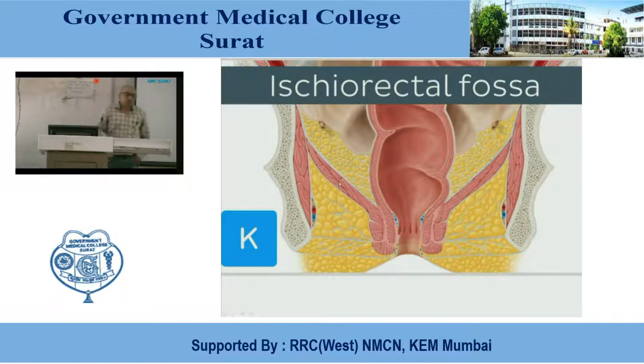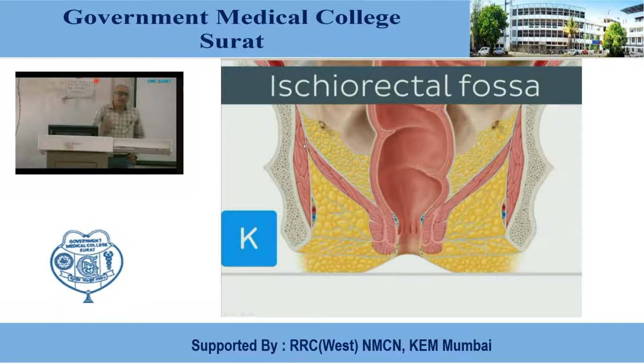So what is the ischiorectal fossa? The ischiorectal fossa is somewhat wedge shaped. You can see the shape of the fossa, that is somewhat wedged. This one is the lateral border, this one is the medial border, and the whole shape is in the form of a wedge.